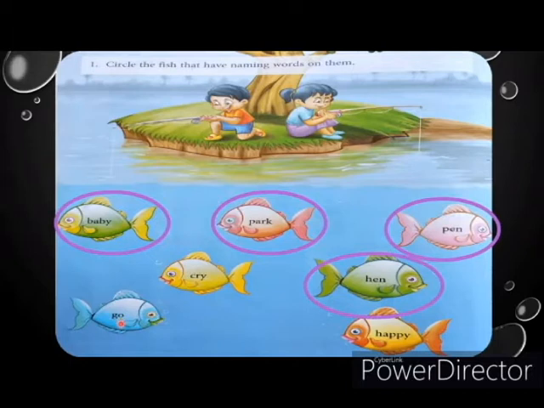Is go a naming word? No, right? And the next one is happy. Happy is also not a naming word. So the naming words in this session are baby, park, pen, and hen. So we finished our first exercise.